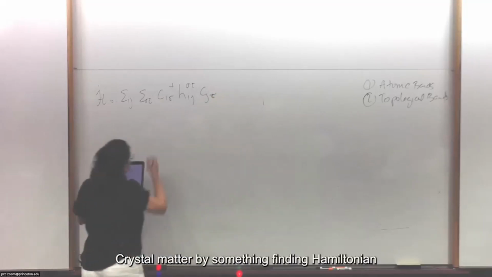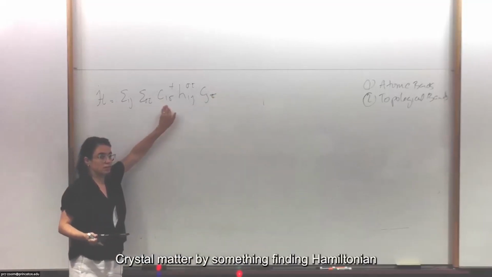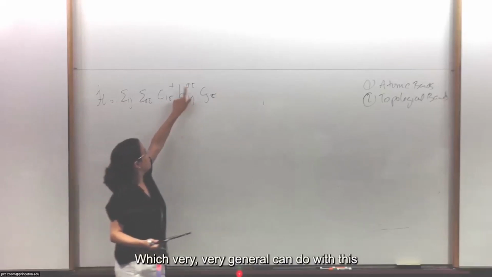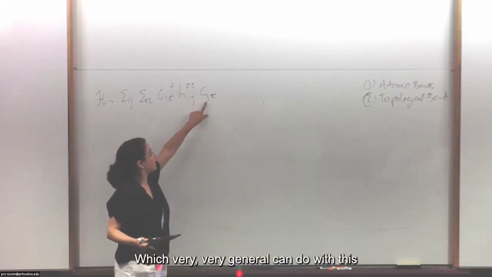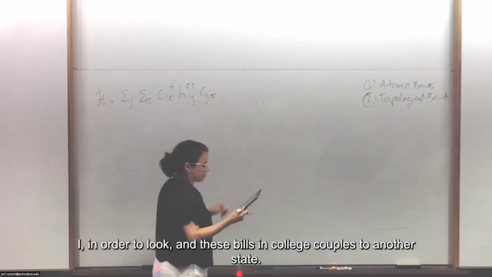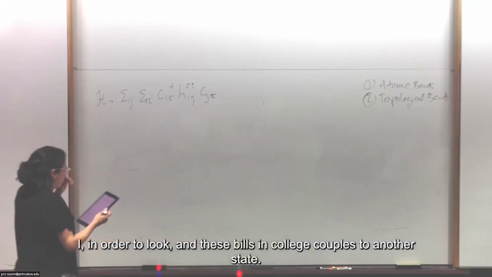Here, this operator creates a localized state at a position i with some orbital character sigma, and this tells you how much it couples to another state, at a position j with some orbital character w.